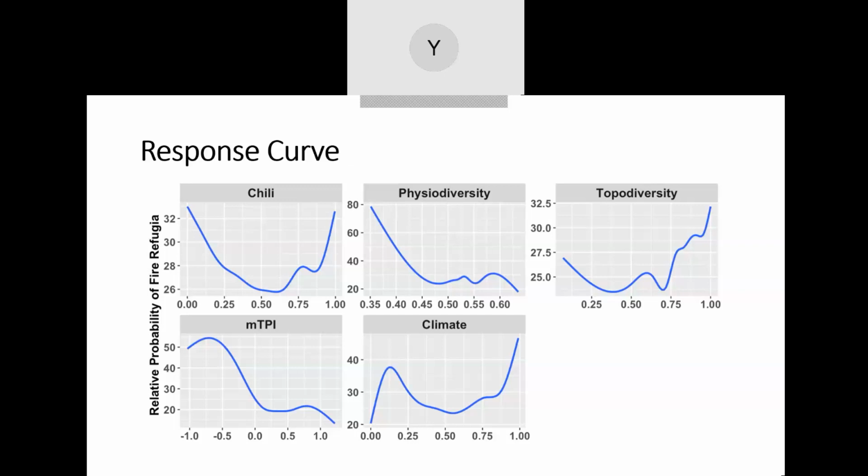The Chilling index represents something like the solar radiation, how hot the surface could be. The hotter it gets, the less likely it is to be a refugia. So that's reflecting the downward trend from 0 to 0.5.